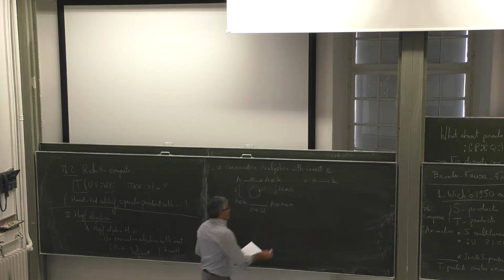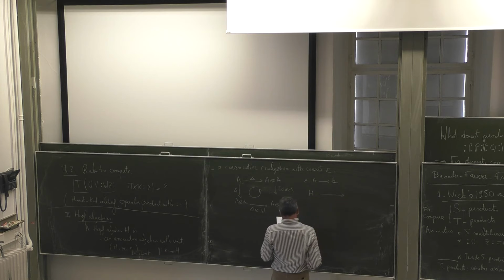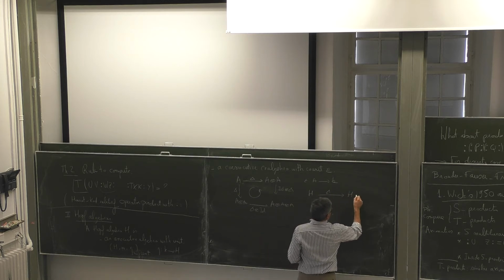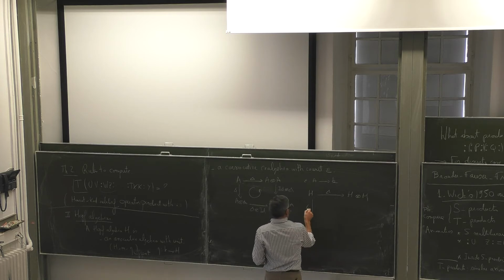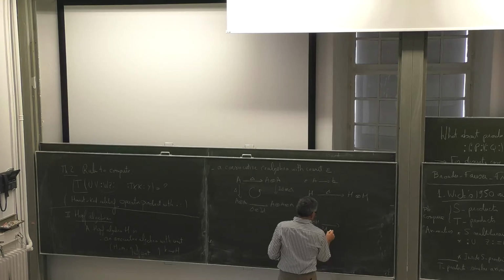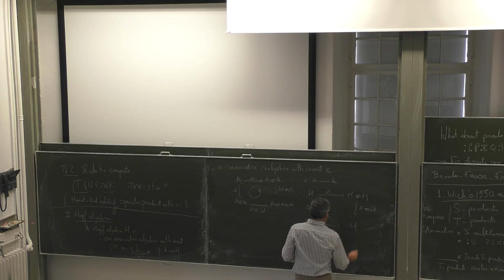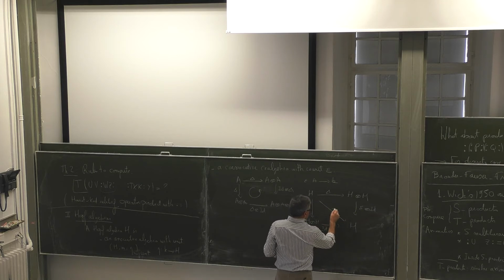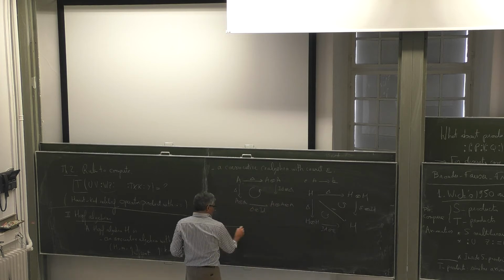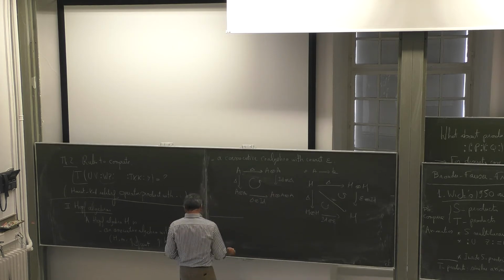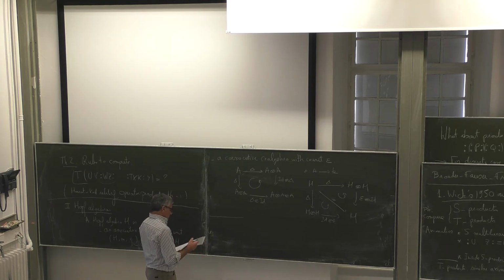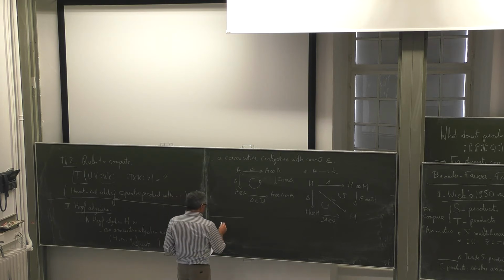So the co-unit axiom says that if you map H to H tensor H by the coproduct, where delta is called the coproduct, and you apply the identity tensor epsilon, or epsilon tensor the identity, you map to the scalars, which means that you map H tensor H to H, and you want this map to be the identity. So this is really the dual axioms of an associative algebra. And to have a Hopf algebra, you need these two structures to interact. So you want the coproduct to be a morphism of algebras.